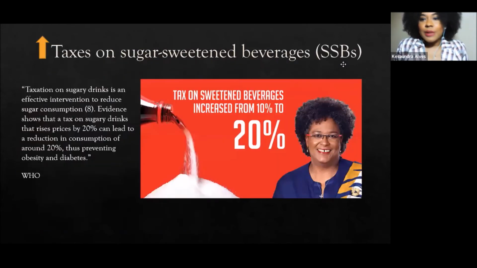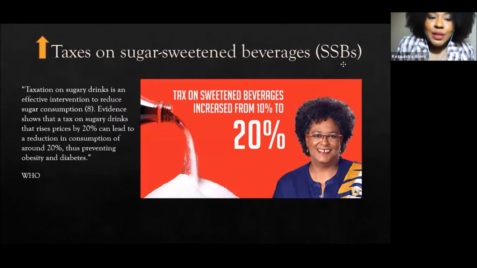And as you mentioned before, we want taxes to be raised on sugar sweetened beverages. The higher the price, it discourages purchasing of these beverages. And kudos to Barbados, who recently raised their taxes on sugar sweetened beverages to 20%, which is what WHO recommends. The WHO says that taxation on sugary drinks is an effective intervention to reduce sugar consumption.